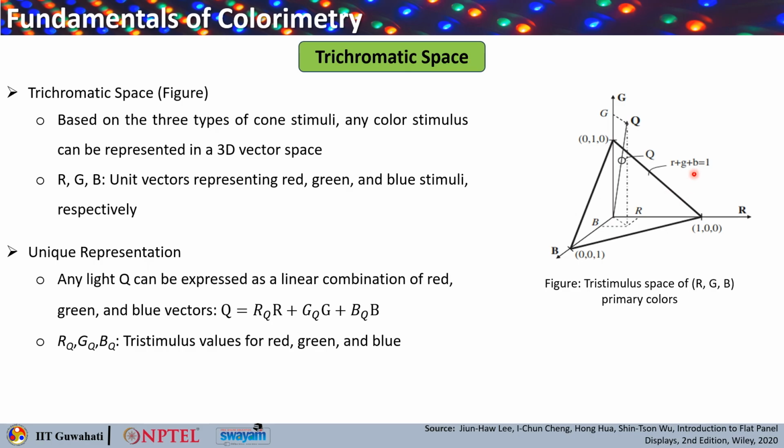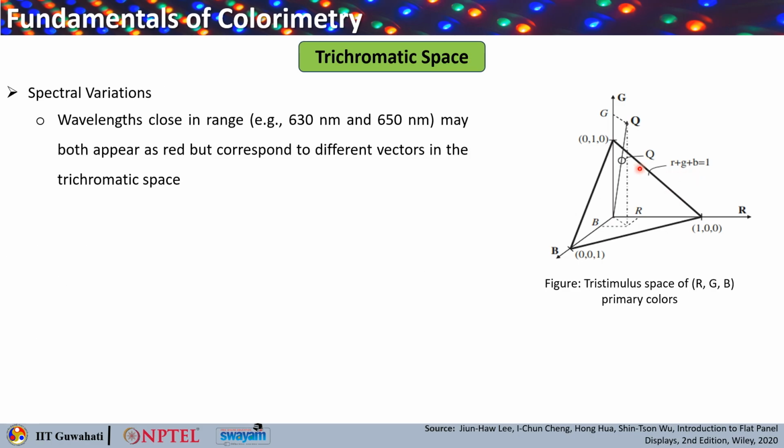We will come to what these small quantities are. Now, you have to notice one thing: wavelengths which are very close in range, something like 630 nanometer and 650 nanometer, may both appear red to a human eye, but they will be represented by different vectors in this trichromatic space.